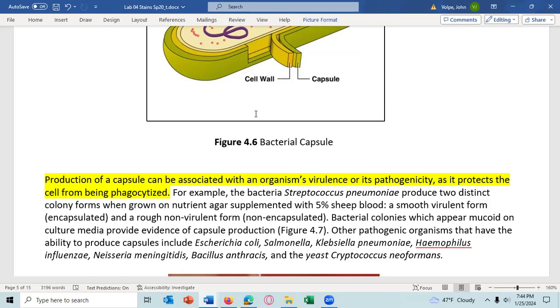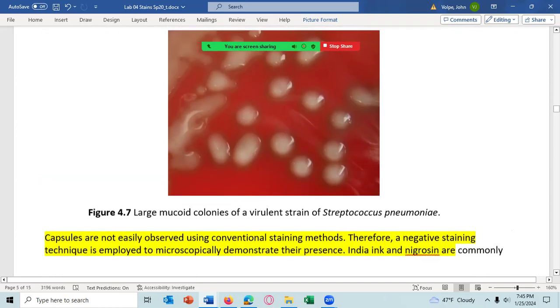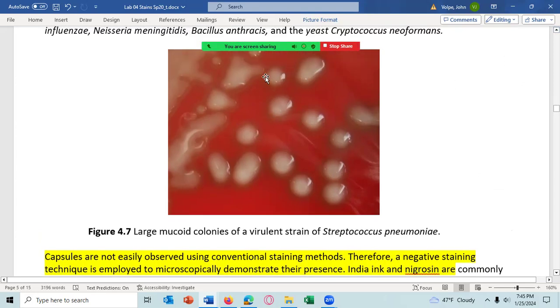The most common way that white blood cells kill the bacteria is by phagocytosis. They engulf the bacteria and then digest it. When we look at cells that form a capsule, when you're looking at their colonial growth, you note that they look mucoid in appearance if they have a capsule.